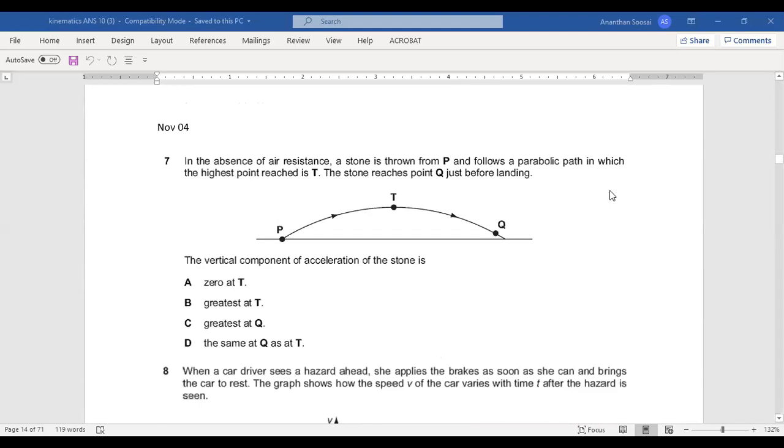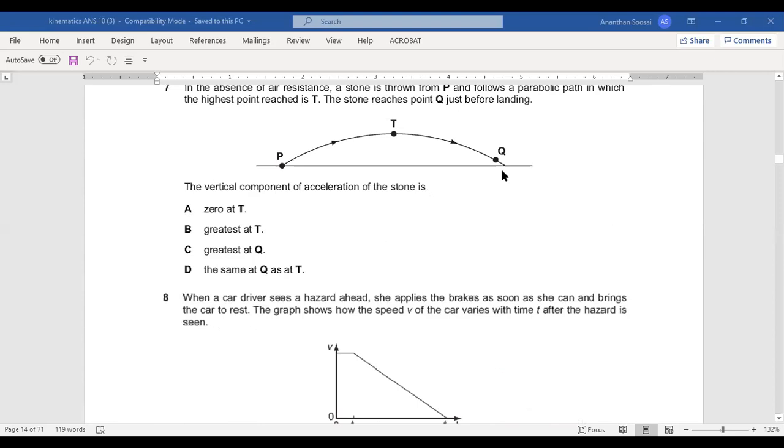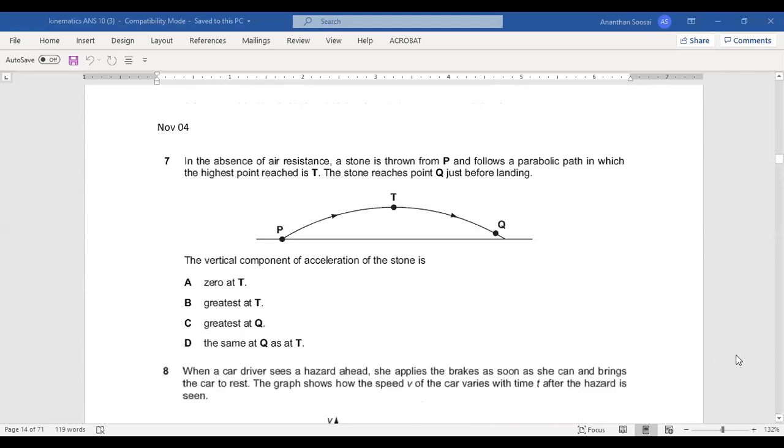Okay, this one, question 7. What's the answer? D. The vertical component of the acceleration of the stone is the same everywhere.